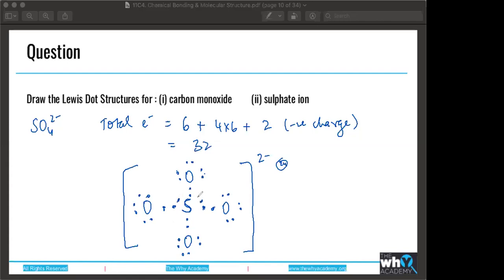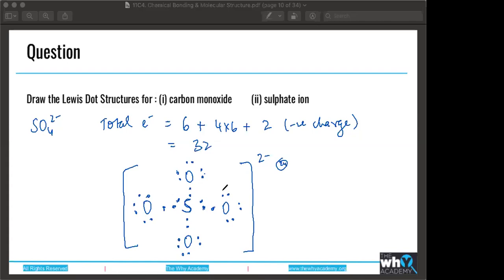Sulfur will still retain its 6 electrons, and somehow these electrons also will be shared with oxygen. So how do you account for it? When you're drawing structures like this, in the case of nitrite and in the case of carbon monoxide, because they had fewer electrons, 5 electrons, 4 electrons, by distributing the lone pairs it was satisfied.